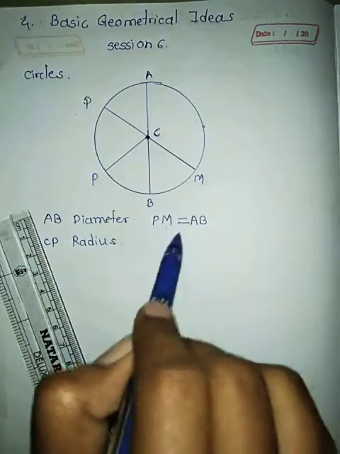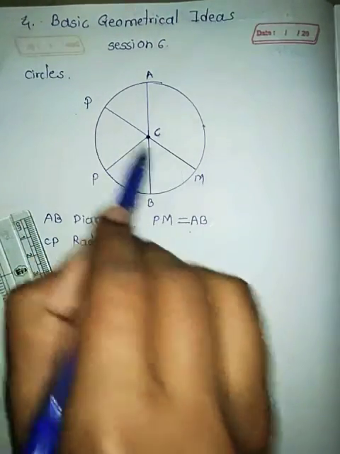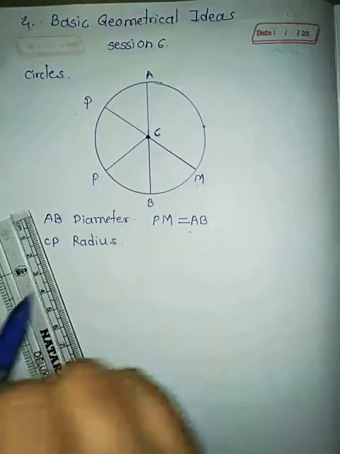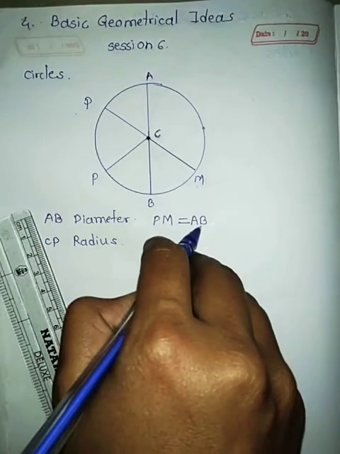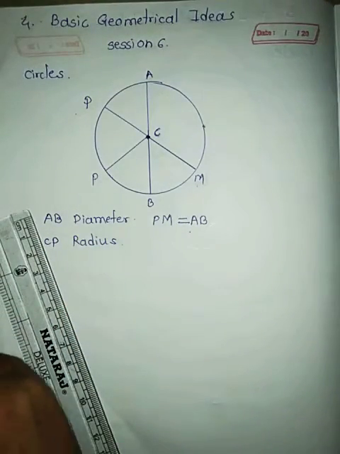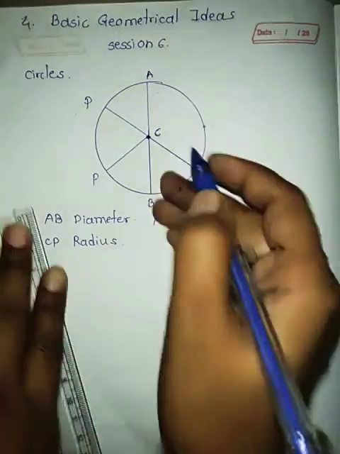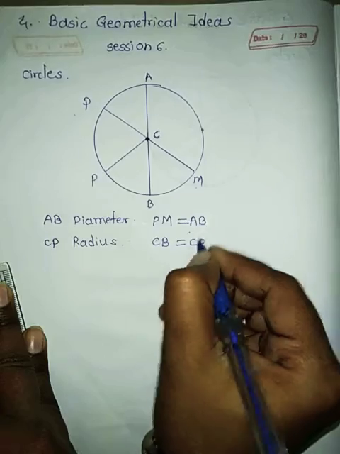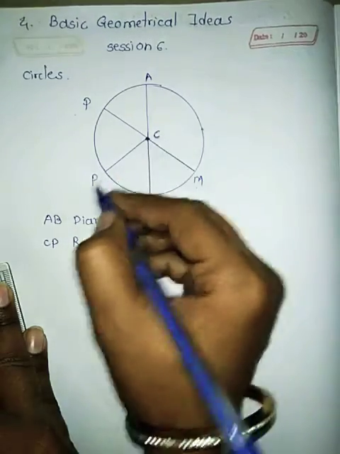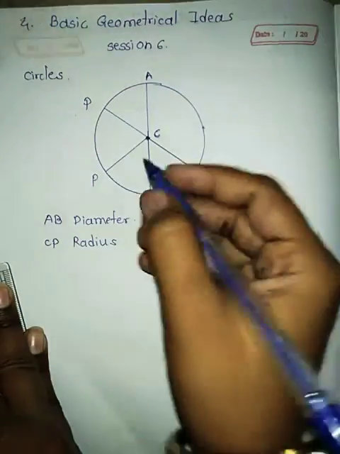This PM is a diameter, and AB is also a diameter, and for one circle any diameter is of the same length. So PM is equal in length to AB. Now CP, suppose CB, then CB is equal to CP. This is the radius.